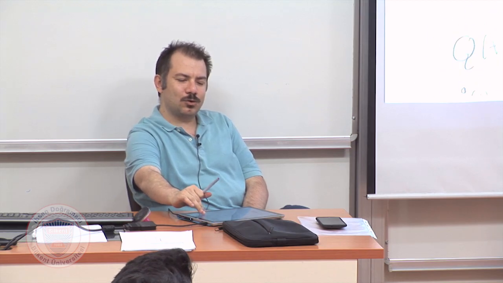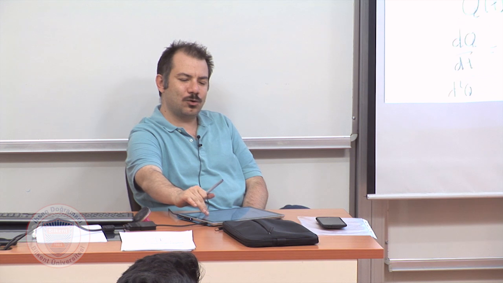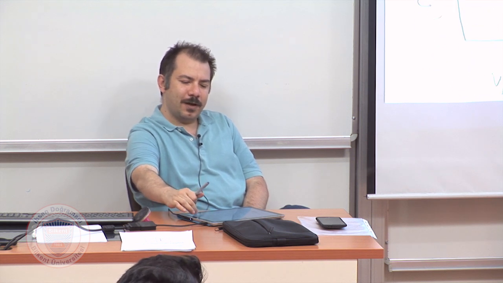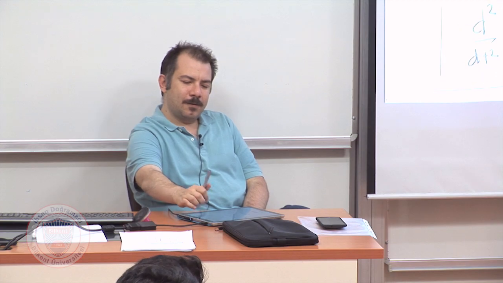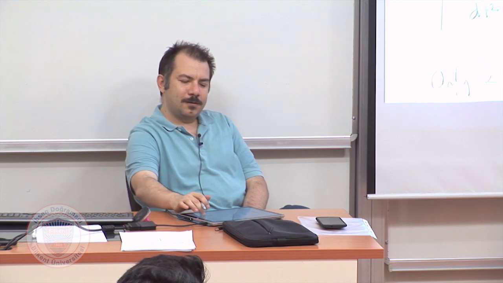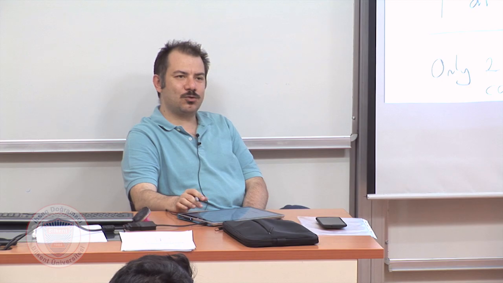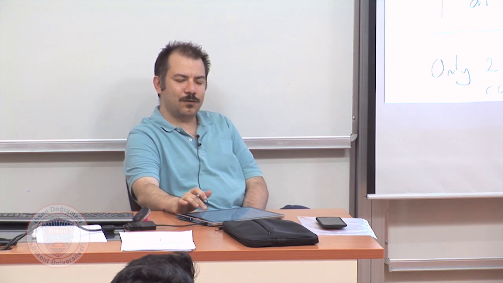If my resistance is 0, I exactly get back this cosine solution, because that's the differential equation I solved, right? If I have 0 resistance, d squared q by dt squared was minus 1 over LC q of t. It's exactly the same thing here if I kill the second term.